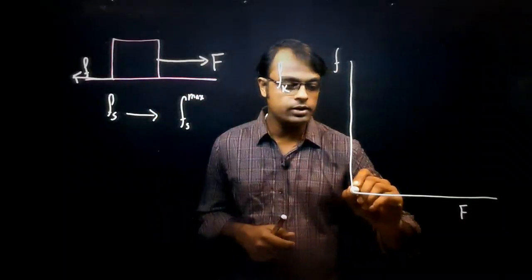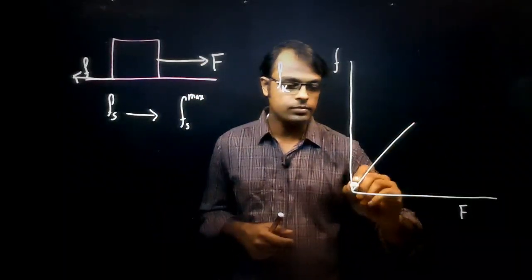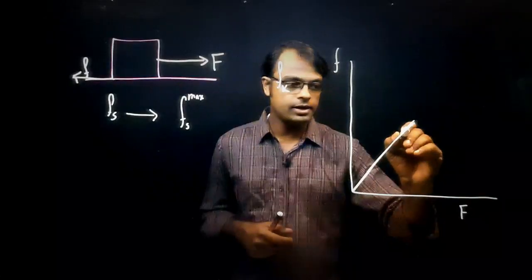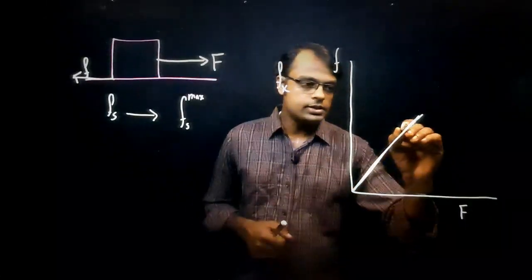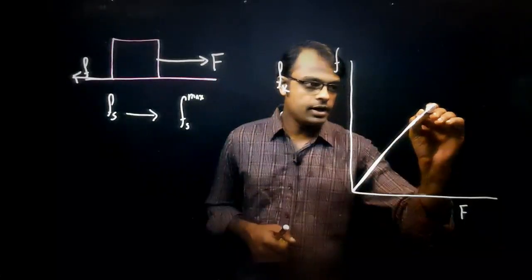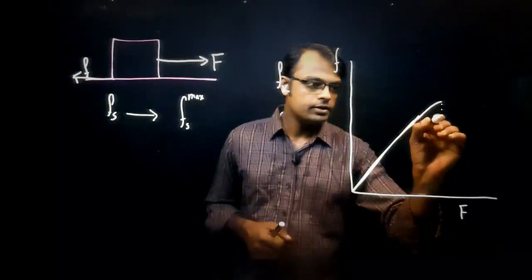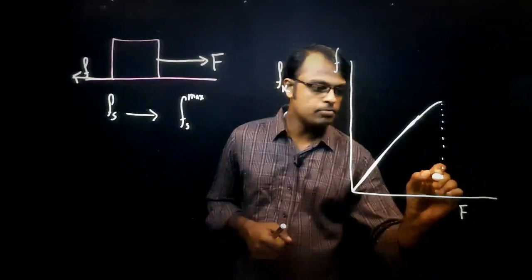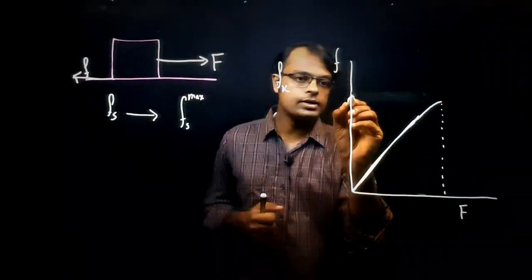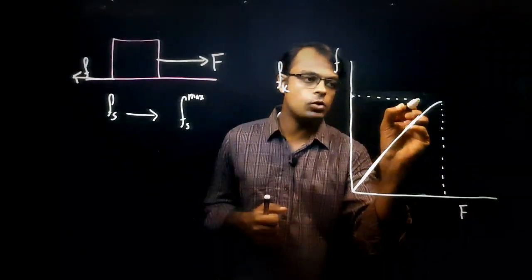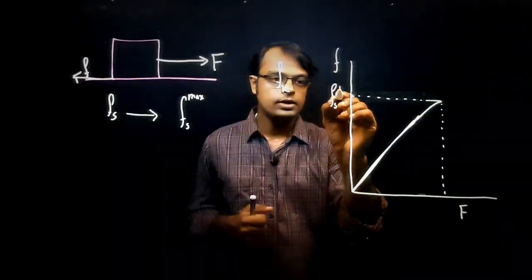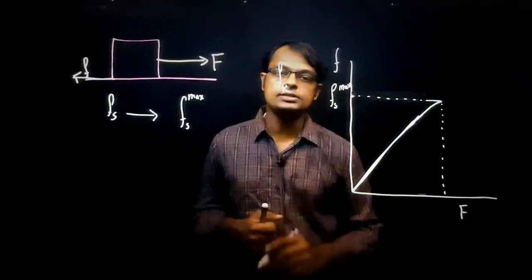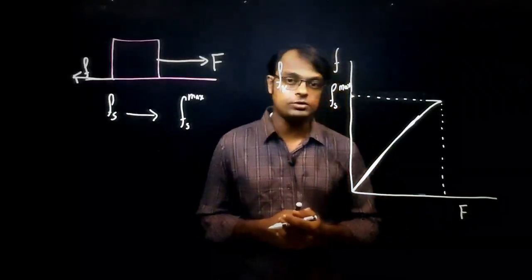So we can draw here a straight line passing through the origin. So here the static friction also increases, and at one particular point the static friction is maximum, and that maximum static friction is called limiting friction, or we can note it down as Fs maximum.